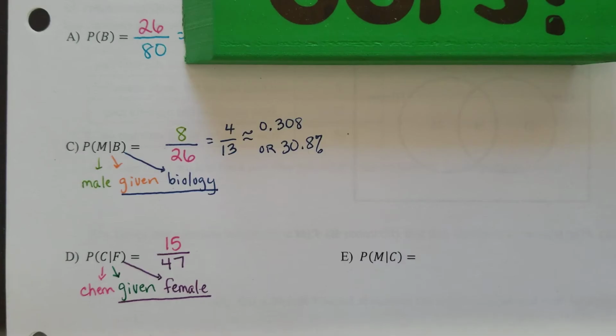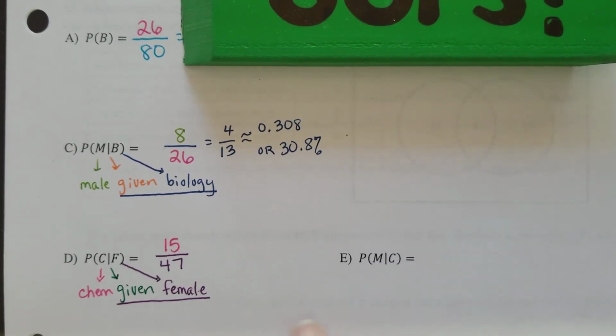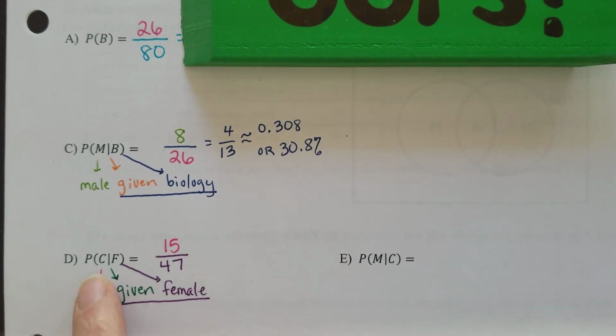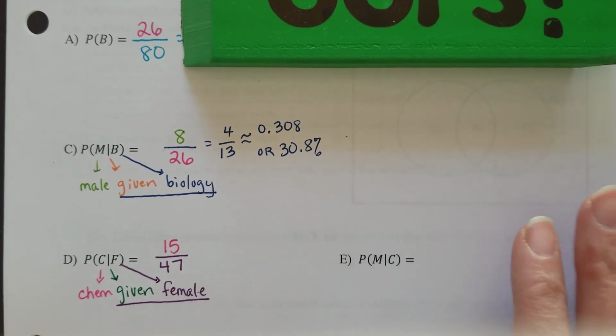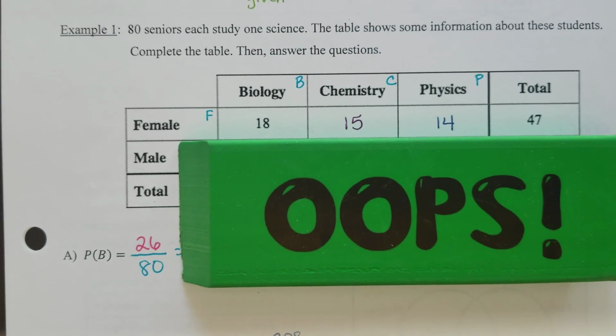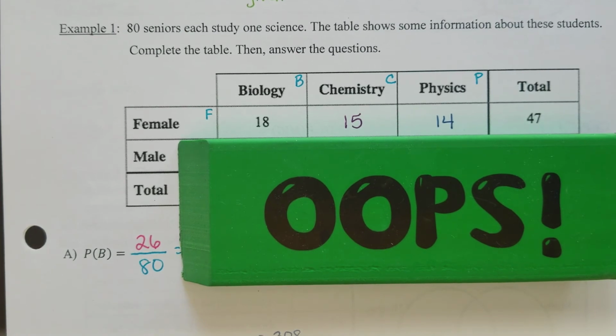Pause it right here. Okay, so the second question had the probability of C given F, that is chemistry given females. Again, the condition here is that we only want to look at the girls who answered the survey question, so my denominator is 47. I moved my eraser so it was only showing me that part of the table. Makes it just a little bit easier to follow along with what's going on there.